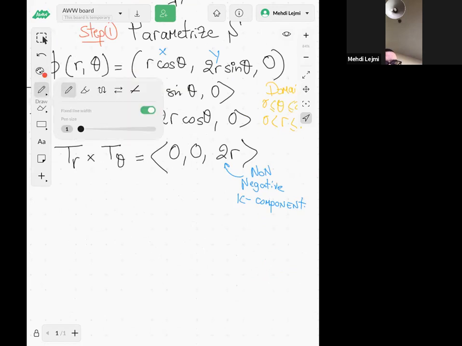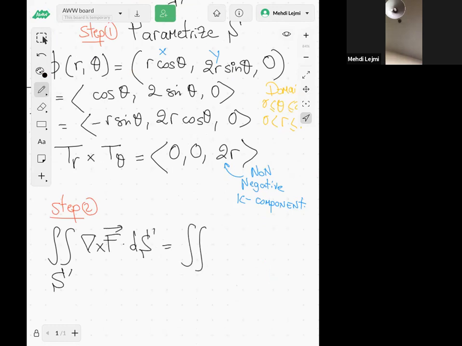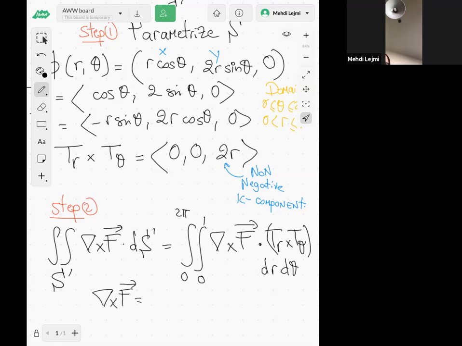Step 2: I need to evaluate over S prime the curl of F, scalar product with this T_r cross T_theta, dr d theta, where r is between 0 and 1 and theta is between 0 and 2 pi. So what's the curl of F?